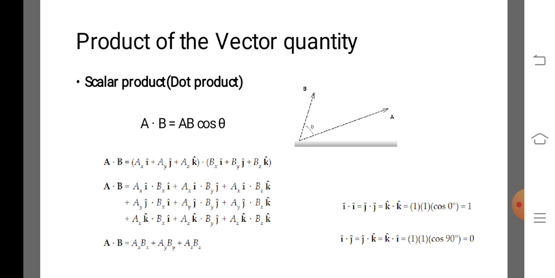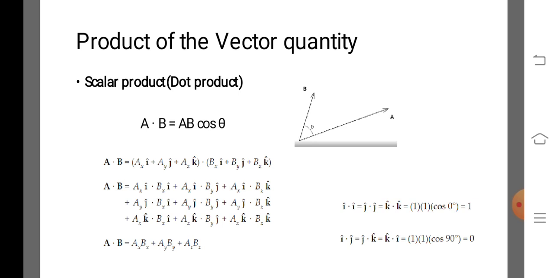So the three variations can be concluded by two vectors, where a represents a vector and b represents b vector. So a vector equals ax i vector plus ay j vector plus az k vector. B representation is bx i vector plus by j vector plus bz k vector.